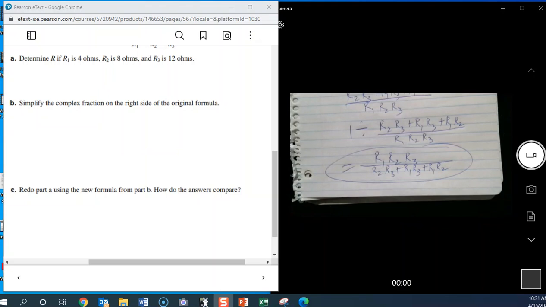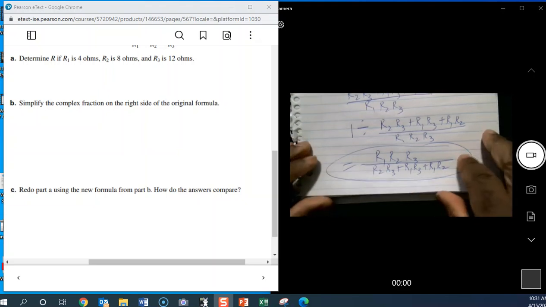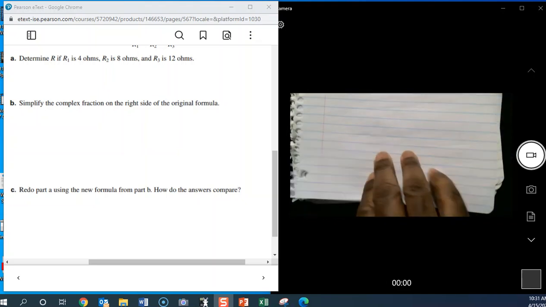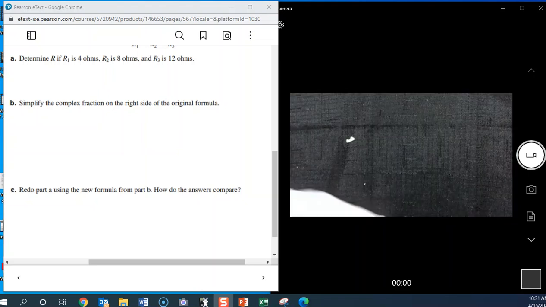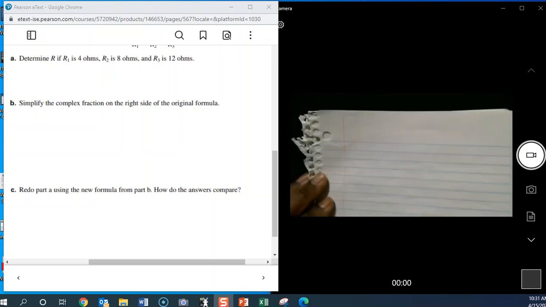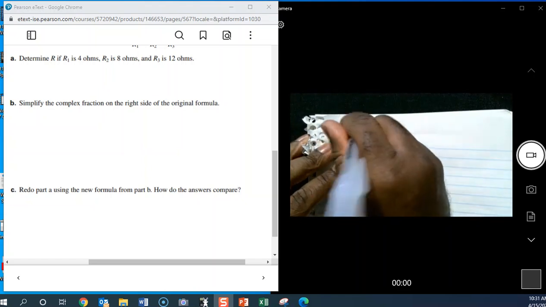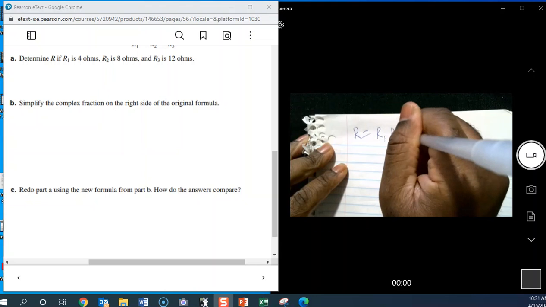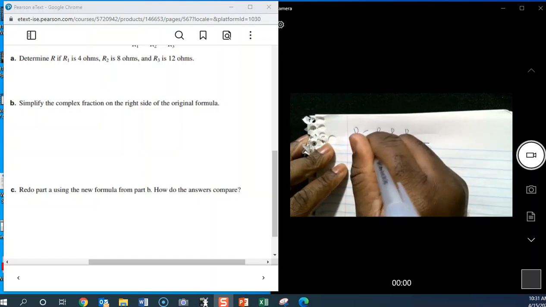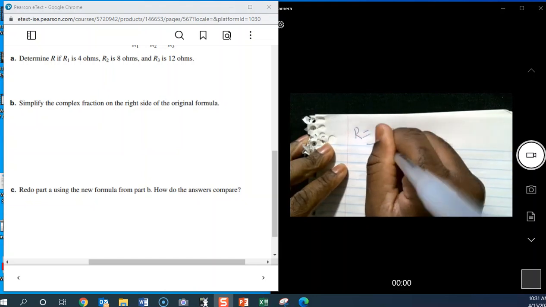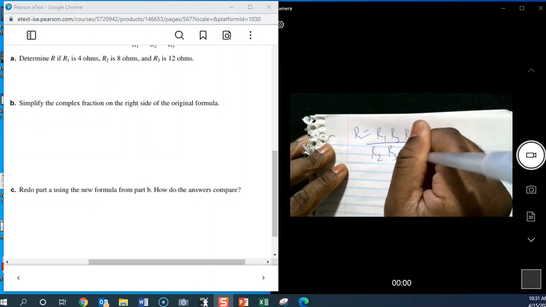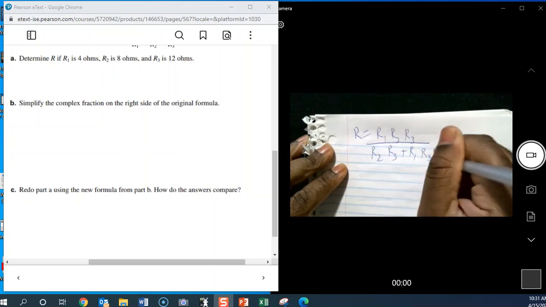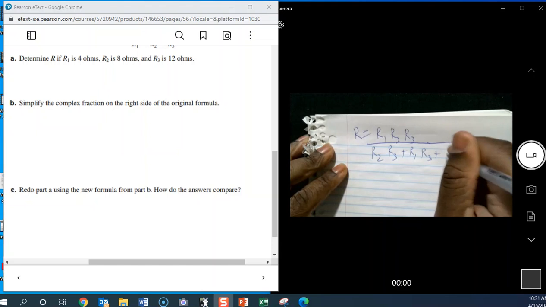Now, we move on to C. It says, redo part A using a new formula from part B. How do the answers compare? All right, so they want us to take our new formula. So we would have R is equal to R1, R2, R3, all over R2, R3 plus R1, R3 plus R1, R2.